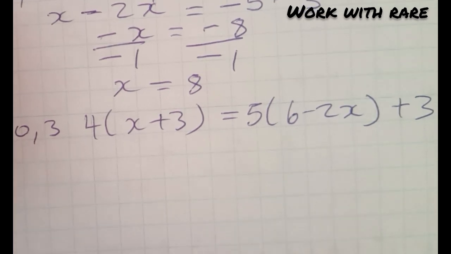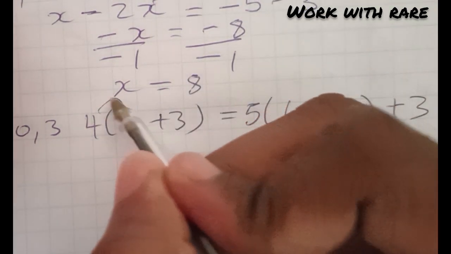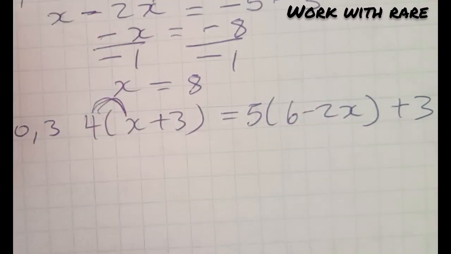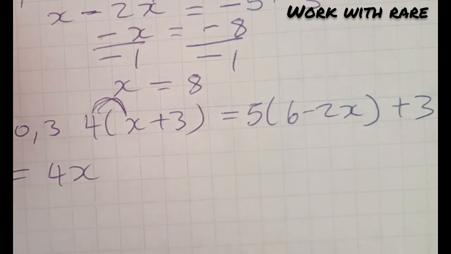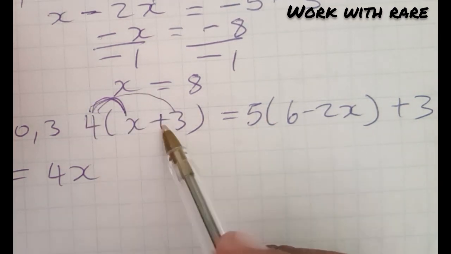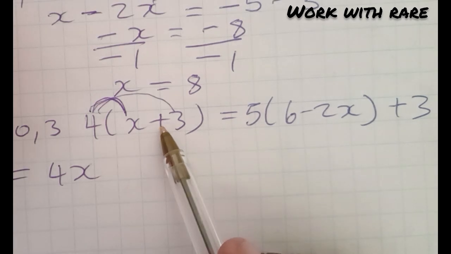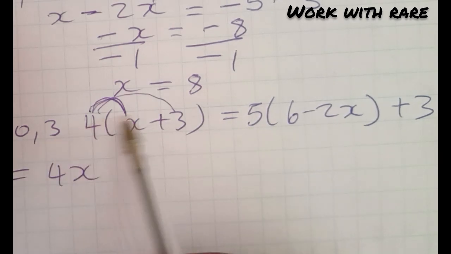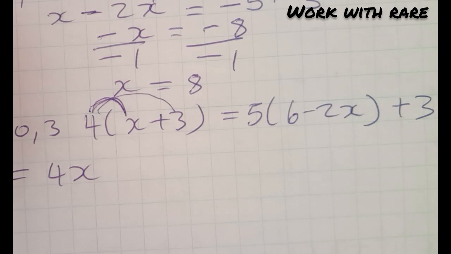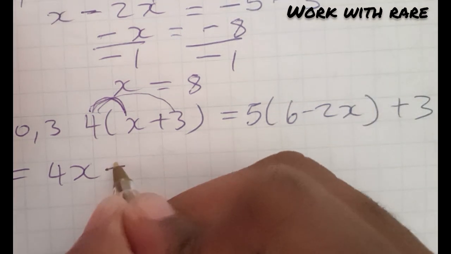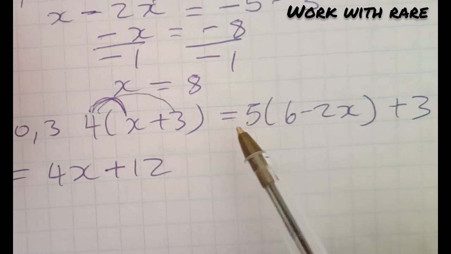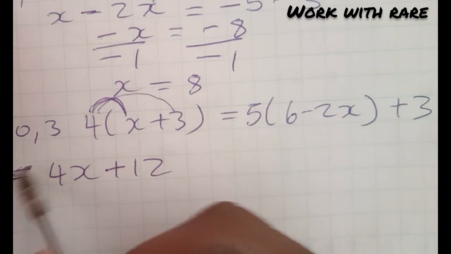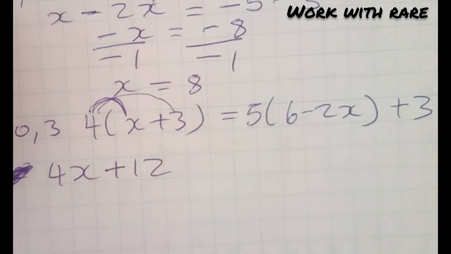Okay, so I'll say 4 multiplied by x, which is 4x. 4 multiplied by 3, which is 12. Remember, here it's plus, so it's positive, and positive multiplied by positive is positive, which means I will have positive 12. We have an equal sign here. So when you have an equal sign here, don't write an equal sign here, you can write 2 equal signs.